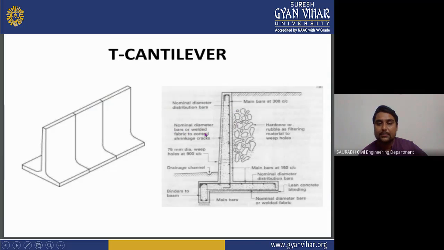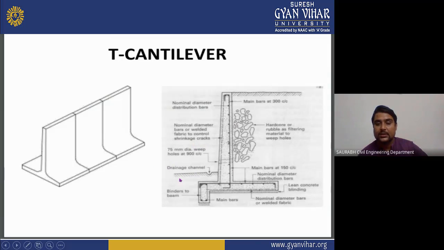Nominal diameter bars or welded fabric to control shrinkage cracks are also provided here, and 75 dia V-notch weep holes at 900 center to center are also provided here.